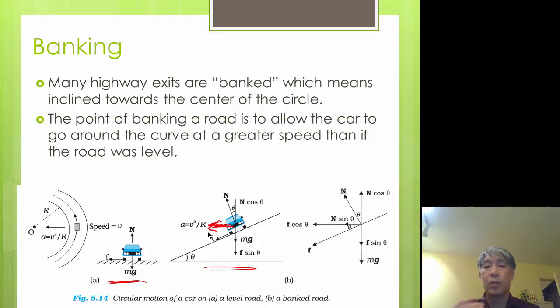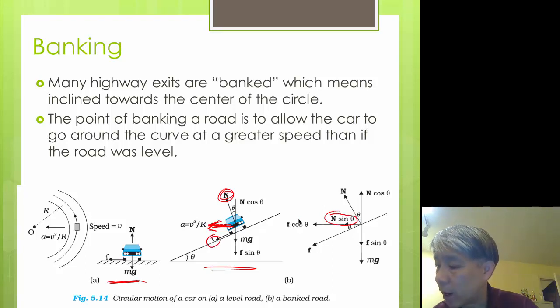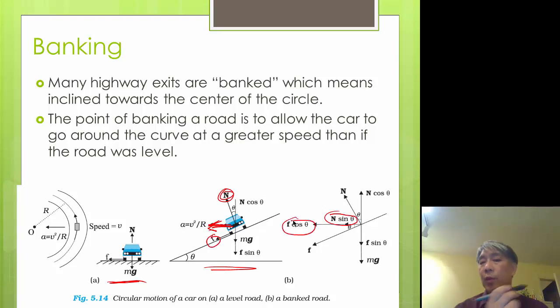The force to the right. What forces are pushing it to the right? I have a portion of my normal force, N sine theta, that's what this is. And a portion of my friction force, or F cosine theta. Both of those forces are pushing me towards the center of the circle.